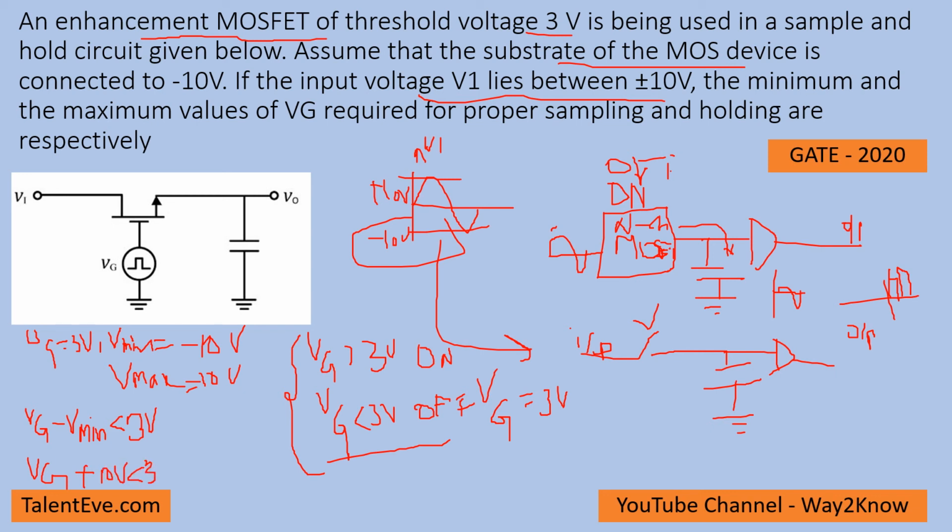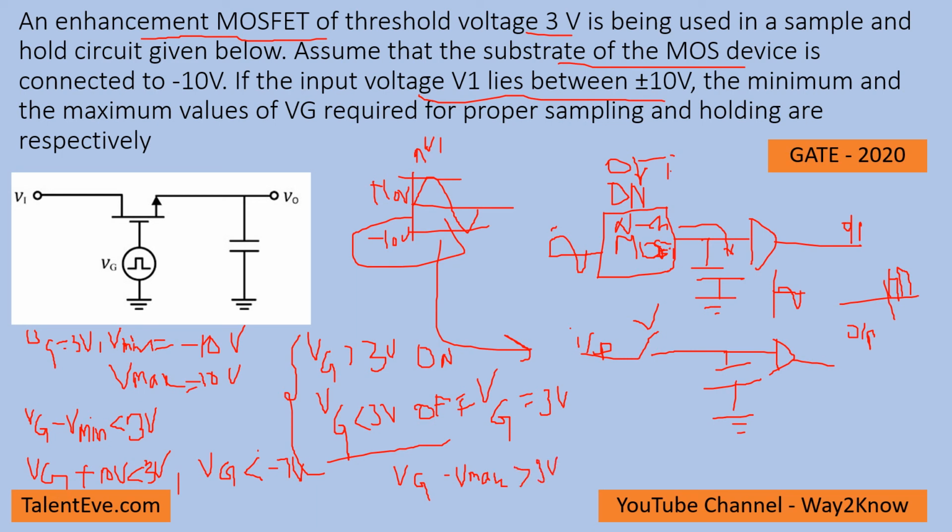So that means Vg should be less than minus 7 volts. This is the minimum voltage for the transistor to be in hold state. Similarly, Vg minus Vmax should be greater than 3 volts for the MOSFET to be on.